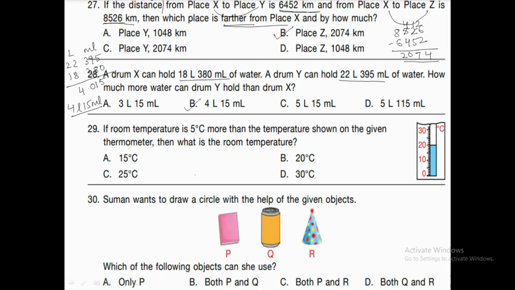Now, let's move to the next question, which is question number 29. It is like, if room temperature is 5 degrees Celsius more than the temperature shown on the given thermometer, then what is the room temperature? So what is the temperature that this thermometer is showing? It is 20 degrees Celsius.